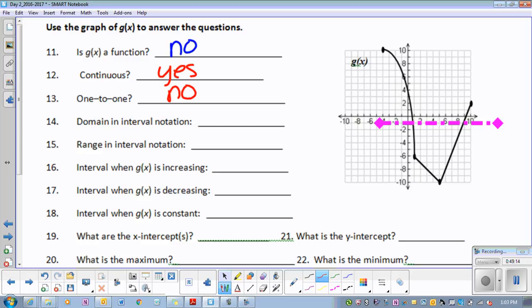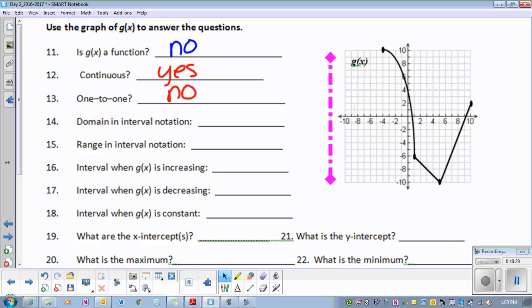Okay, and now it wants the domain in interval notation. I don't have arrows, so I know I don't have the infinities. Let's see where this graph starts when I come over from the left. What x number does it start at? -4.